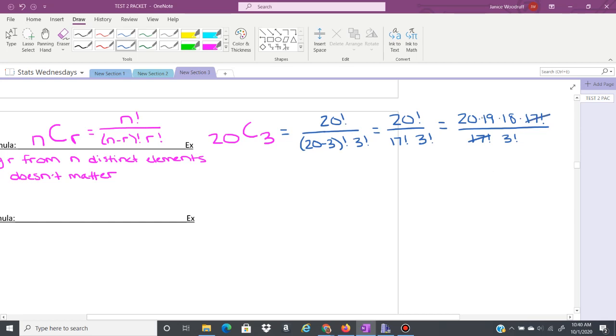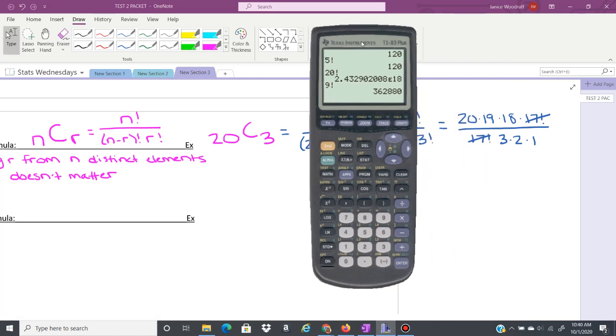Then you can do 20 times 19 times 18, over 3 factorial, which is 3 times 2 times 1. So 20 times 19 times 18 over 6 is 1,140.